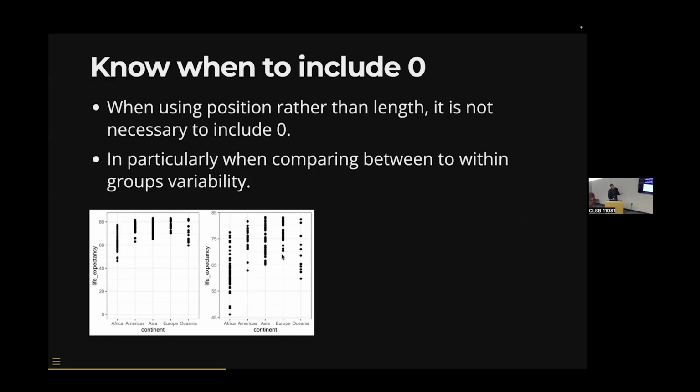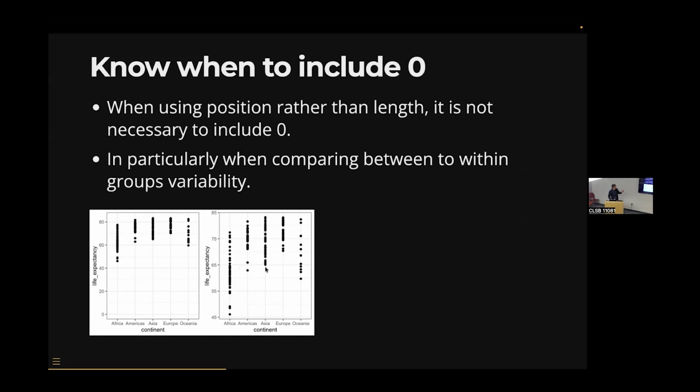But there's some information here that is actually important. This one is the life expectancy by country, by continent, and each point is a country. What I want my audience to see when I make this plot is that there are differences across the continents.